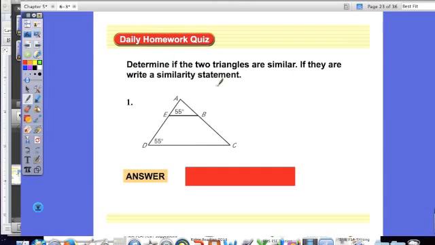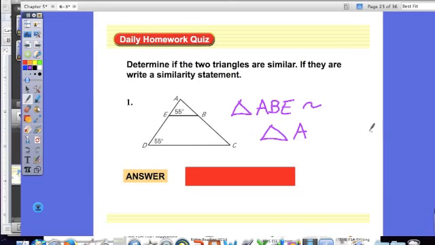So determine if the two triangles are similar. If they are, write a similarity statement. Okay, so triangle ABE is going to be similar to triangle, well, A is going to be the same as A in both triangles.